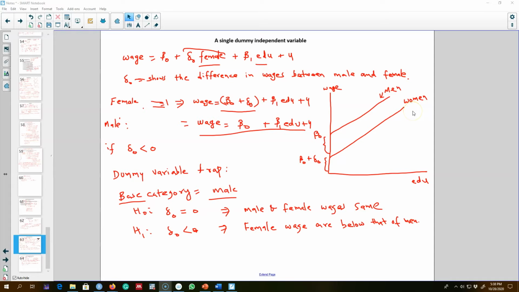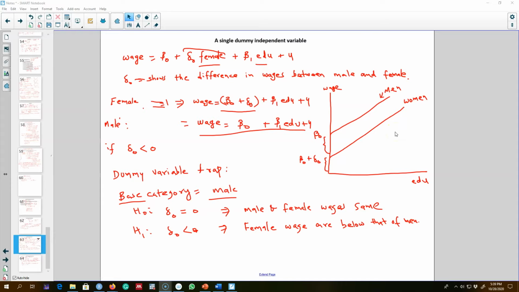But sometimes we are interested in knowing whether the slope of the line differs across different groups. In this example, we may be interested in knowing whether return to education differs across men and women. That is, whether the slope of this line with respect to education is different for men and women.